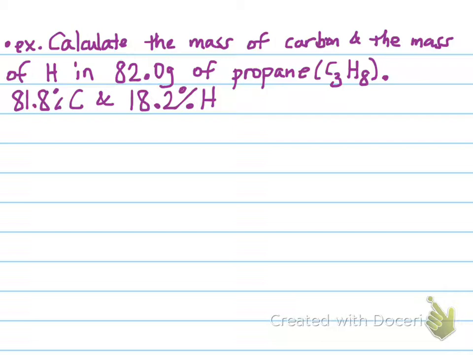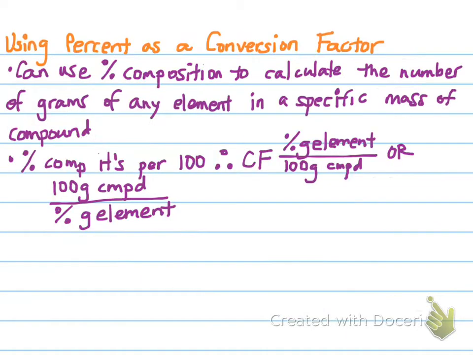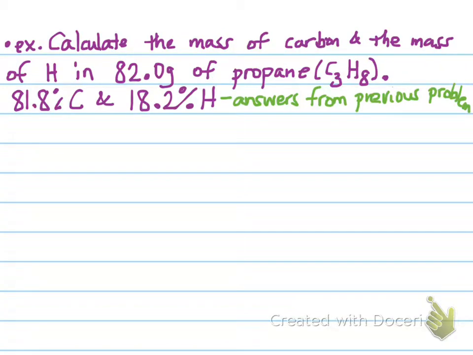So this was answers from our previous problem. If we hadn't been given that, then we would have to do all this work. But because we've already done that, we're not going to do it again.